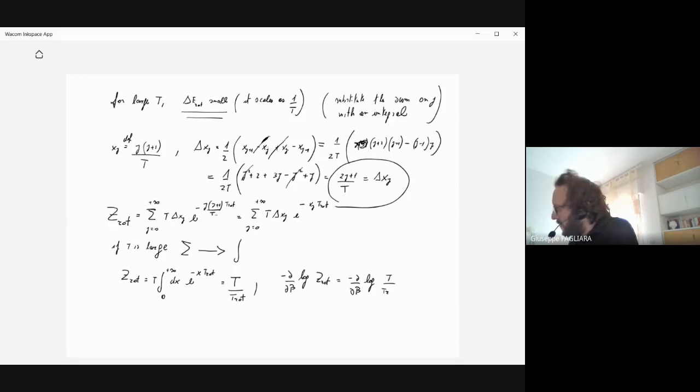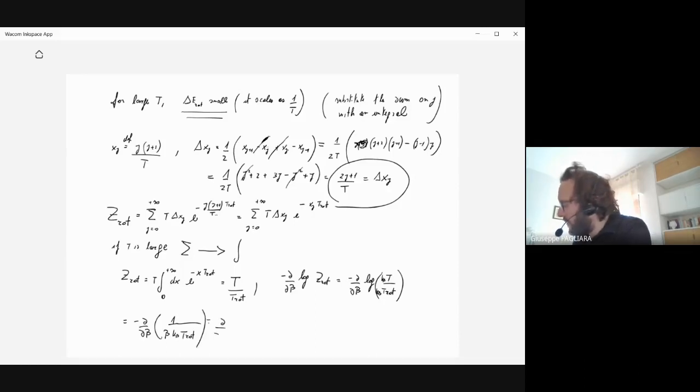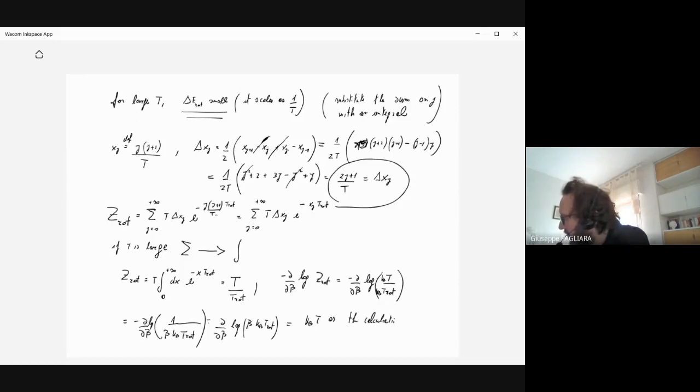Let me put a kb here, so it will be minus derivative with respect to beta of the log of 1 divided by beta kb t rot, which at the end, of course, will provide the usual kbt, as in the calculation before with the classical Hamiltonian.